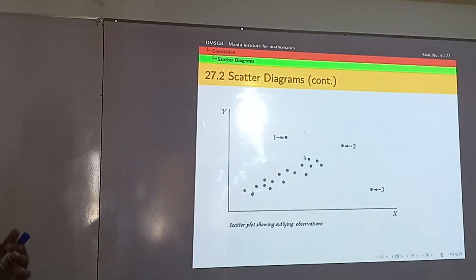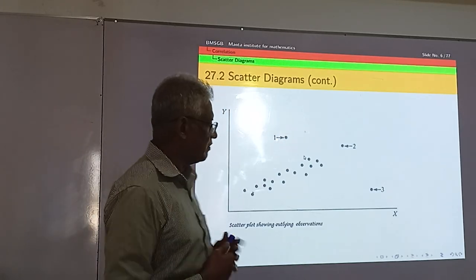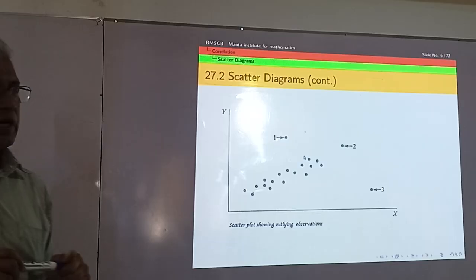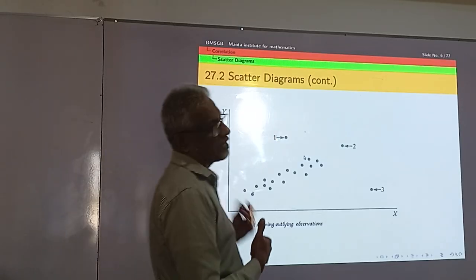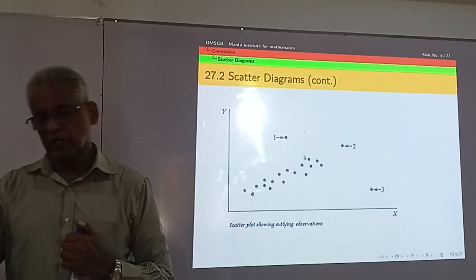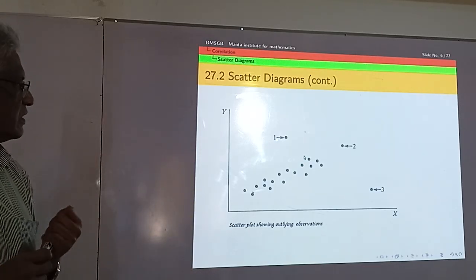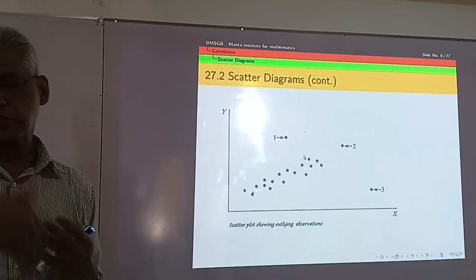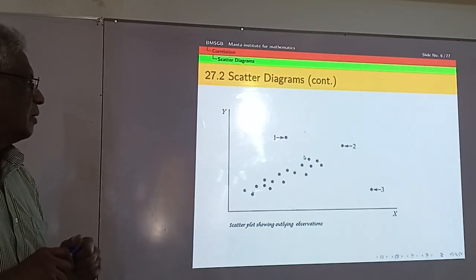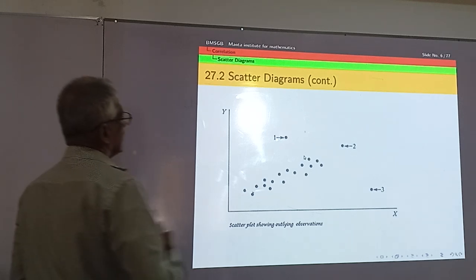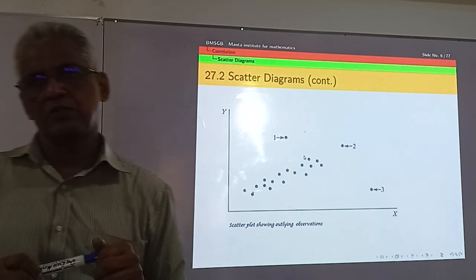So if you have maybe only one or maybe several of these, before you calculate R, first of all you have to edit your data. These kinds of observations can arise, for example, due to recording errors or some other errors also. If that kind of observation has occurred due to an error, of course you have to correct them before you calculate R. But if actually this was a real observation, in that case R is not suitable to calculate.